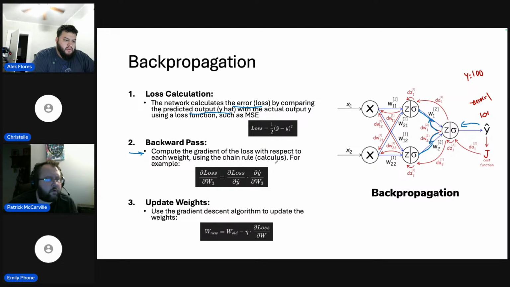There's a rule in calculus called the chain rule, and we can chain these calculations together to evaluate what the loss was. That's how we can send information backwards. We're not actually sending information backwards; we're applying some cool math to enable us to calculate that in a straightforward way.